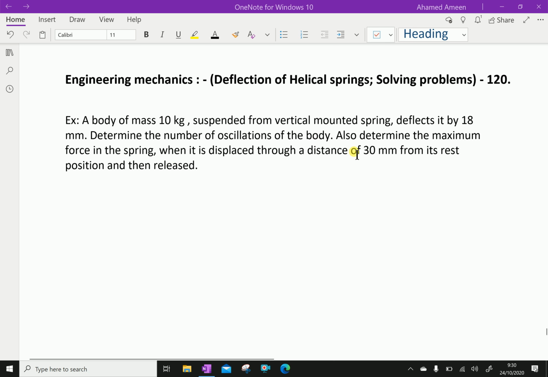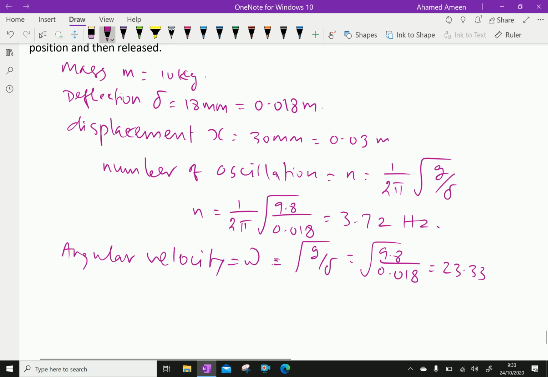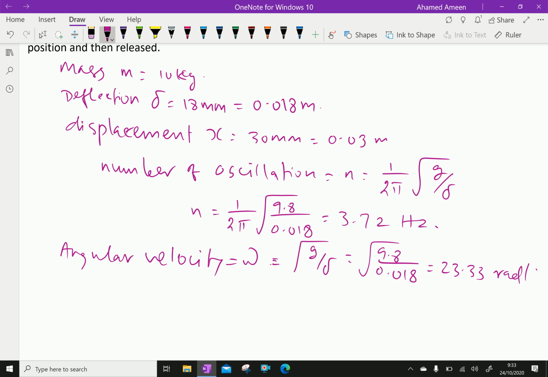Omega equal square root of g by delta, which is equal 9.8 over 0.018, which is equal 23.33 radian per second.